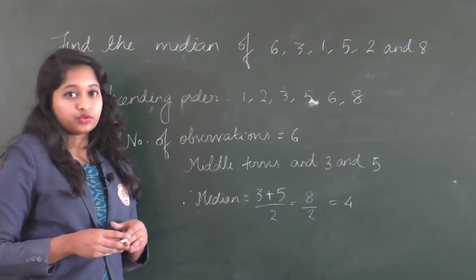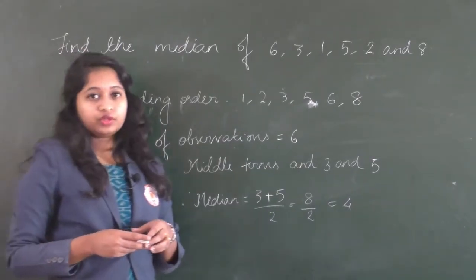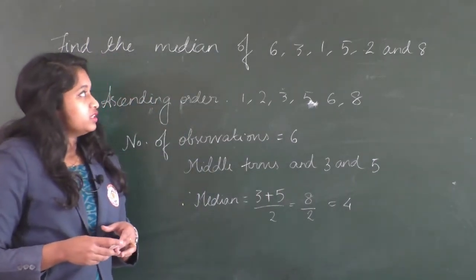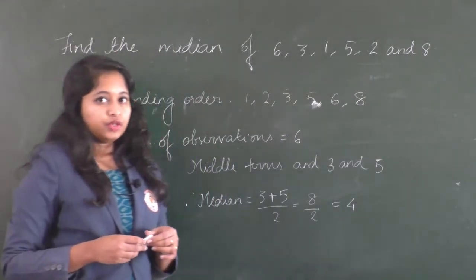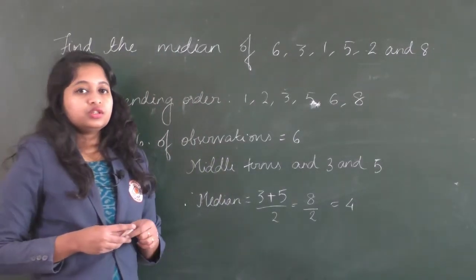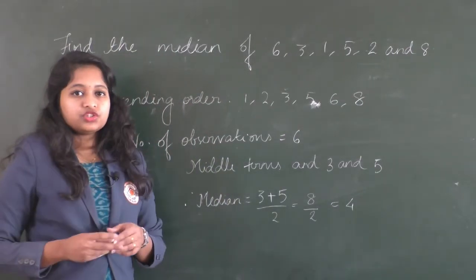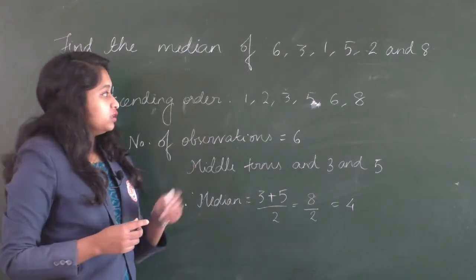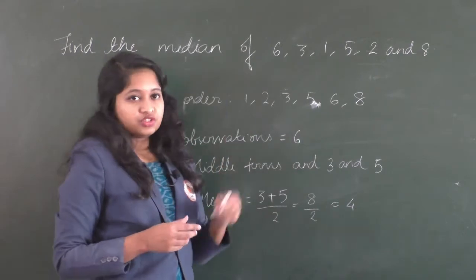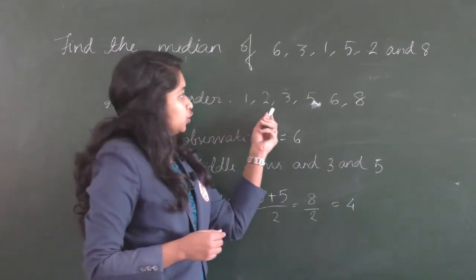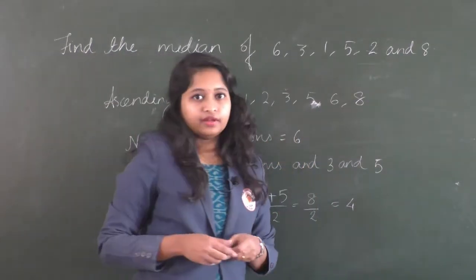Now, let us see one question related to median. Okay? Find the median of 6, 3, 1, 5, 2 and 8. Okay? So, first to solve this, we should arrange these given data in ascending order. So, I have arranged it in ascending order as 1, 2, 3, 5, 6 and 8.